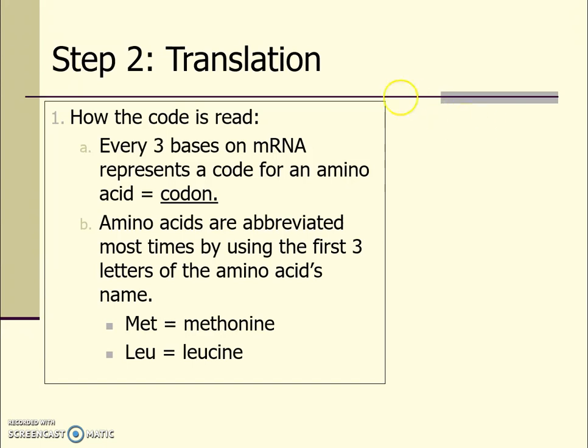For example, for methionine, AUG, that means if the mRNA has nitrogenous bases in the sequence of adenine, uracil, and guanine, then methionine will come and attach to these codons.